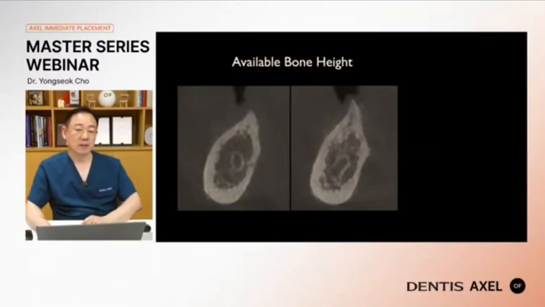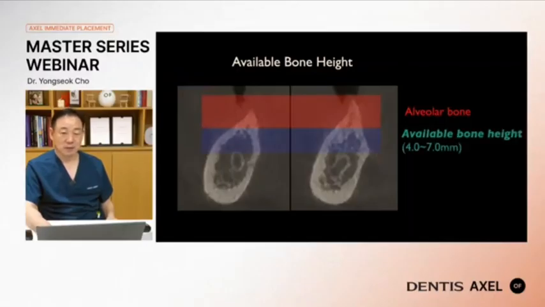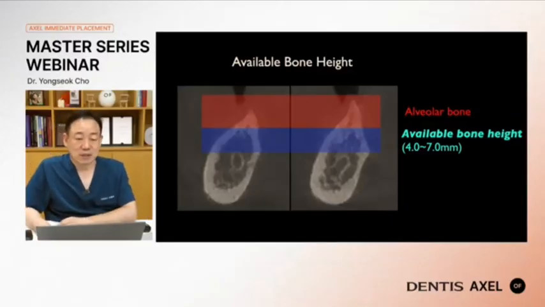Like this. Here, the patient completely lost the alveolar bone. Then only basal bone is available. When it is more than 4 millimeter, minimum 4, generally more than 5 millimeter, then we can place an extra short implant.